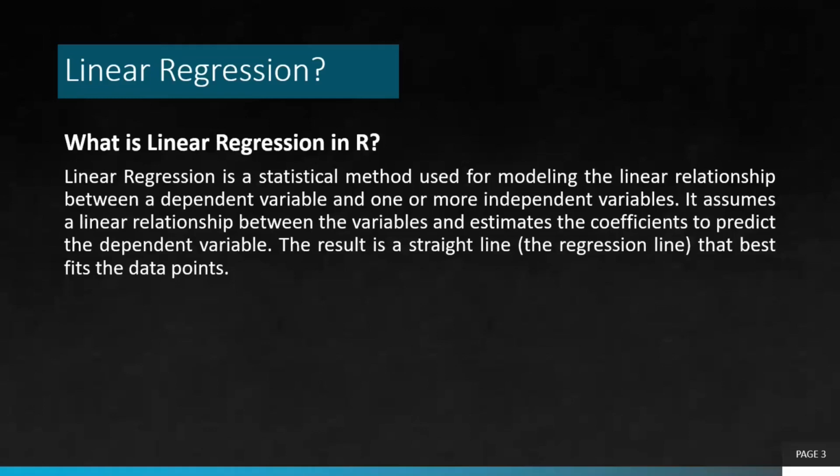Linear regression assumes a linear relationship between the variables and estimates the coefficients to predict the dependent variable. The result is a straight line, or you can say the regression line, that best fits the data points.